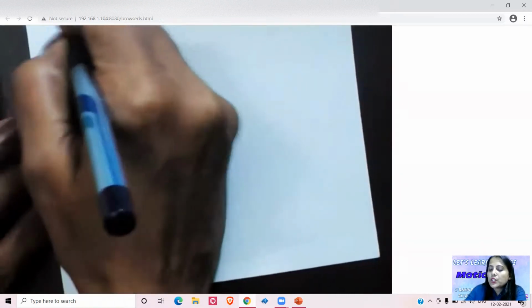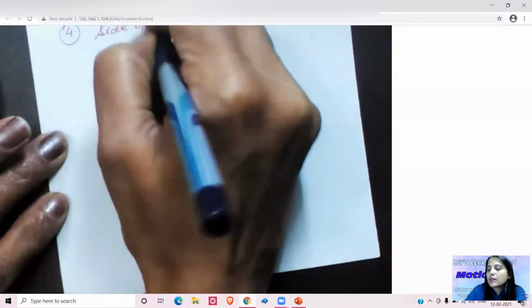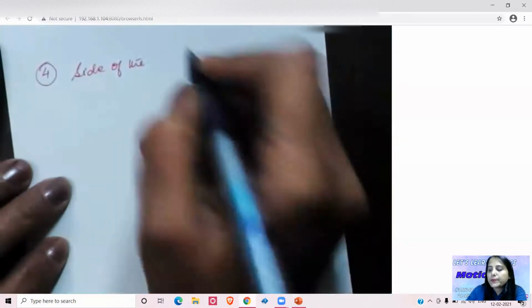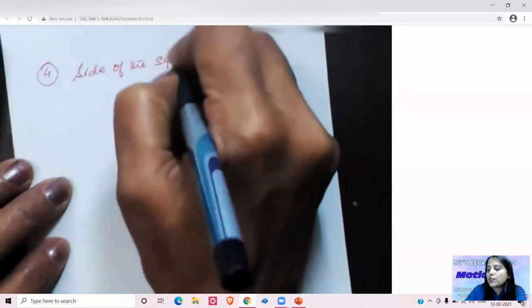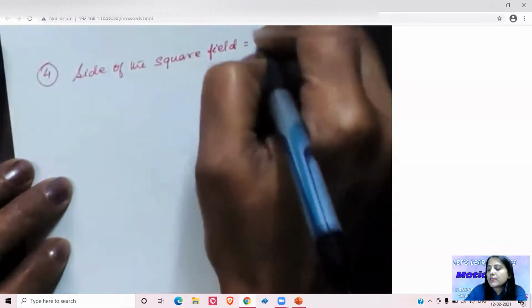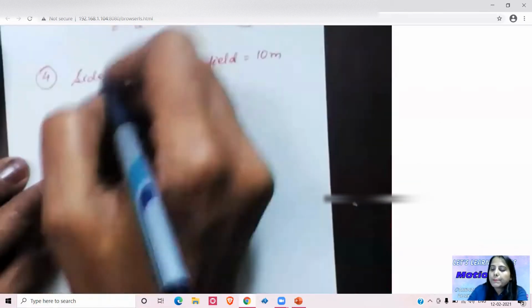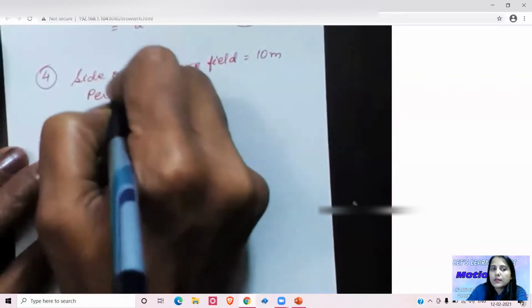Now let us recall what was there in the question. Side of the square field was given as 10 meter. Then from the side we can calculate the perimeter.